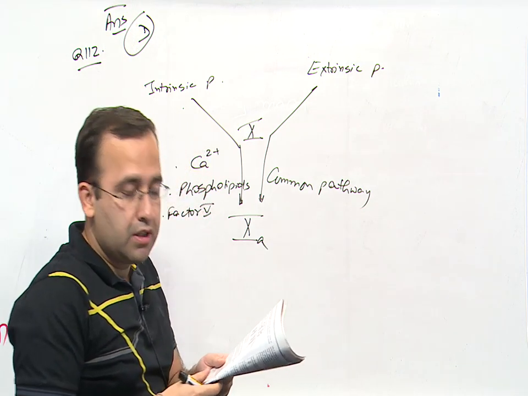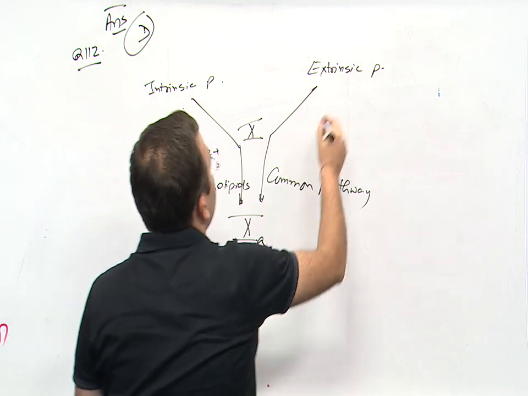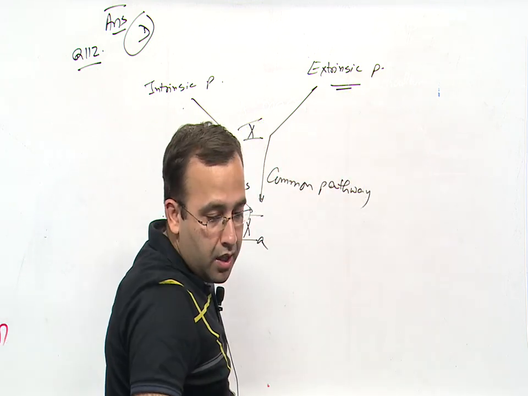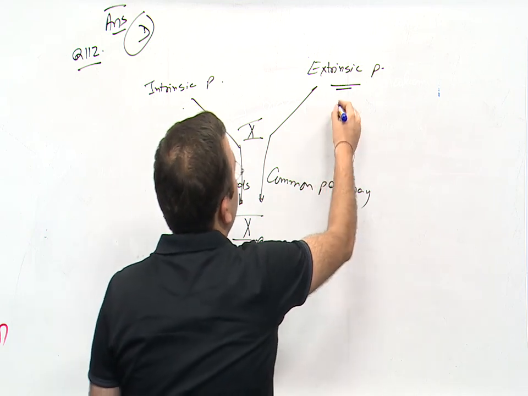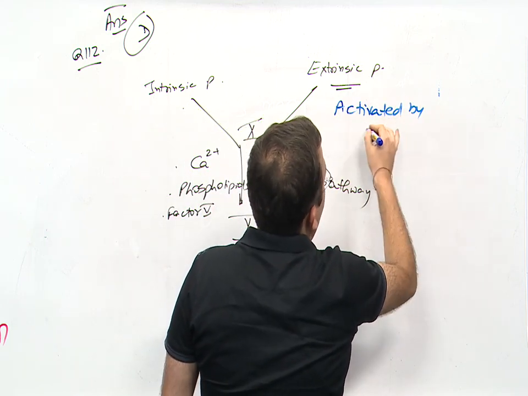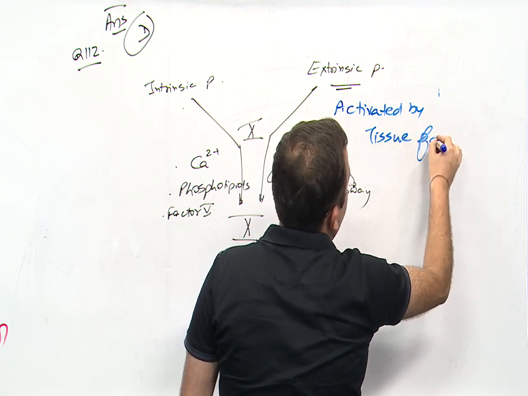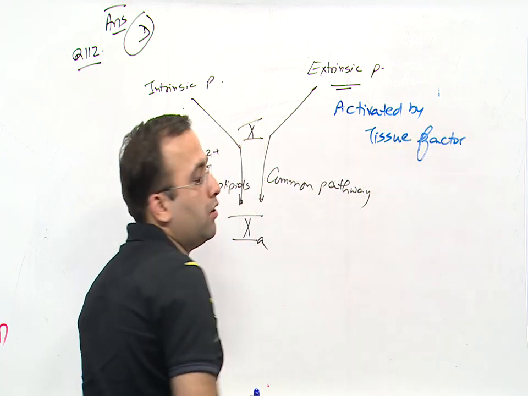The extrinsic pathway is not via negatively charged surfaces. The extrinsic pathway is activated by tissue factor.